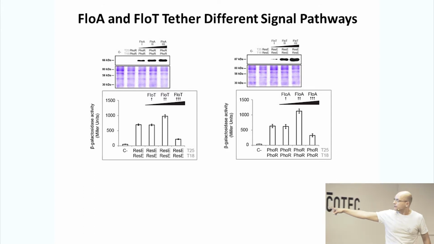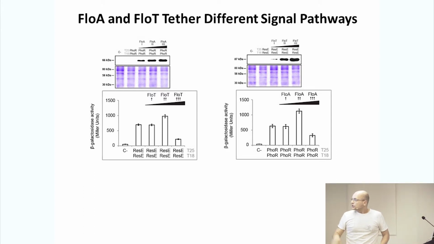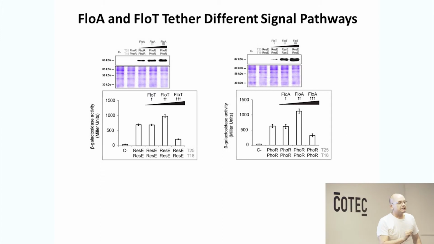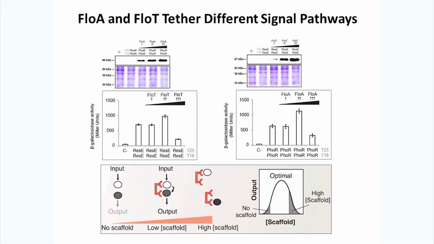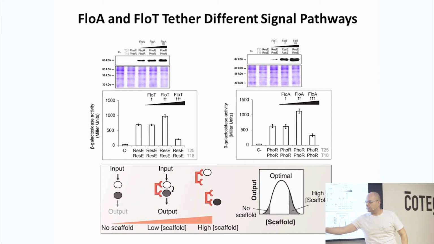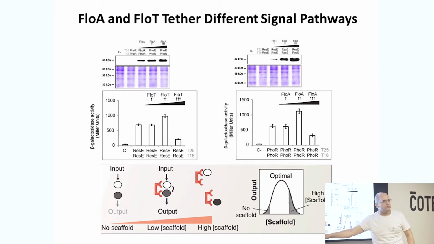And the same happens with KinC. So we have a mid-level where we peak in the best interaction, and then for the maximum it just goes down. This is exactly how it is described in eukaryotes for the activity of this type of scaffold proteins. There is always a concentration of the scaffold that is optimal for the interaction to happen.